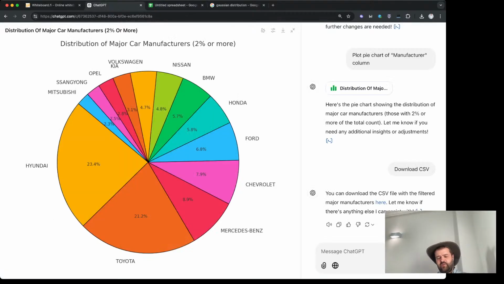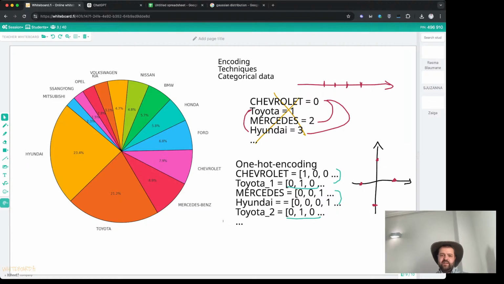So this is a very powerful way to process data. And why is it powerful? Because now we can feed the categorical data into AI models, into visualization, into many types of processes. We can even have more interesting representations of the data.